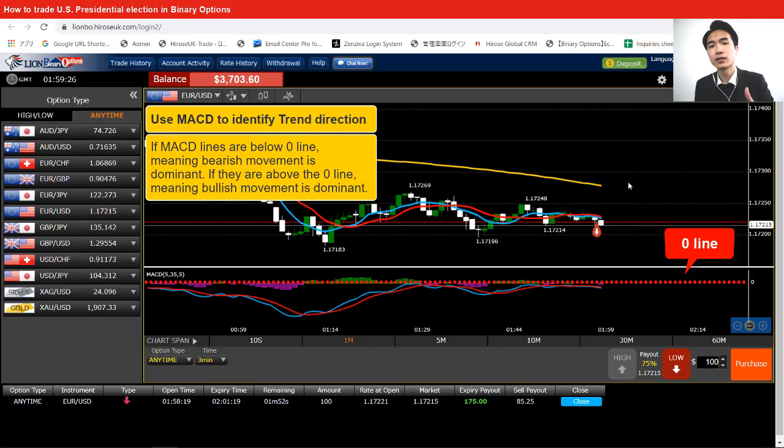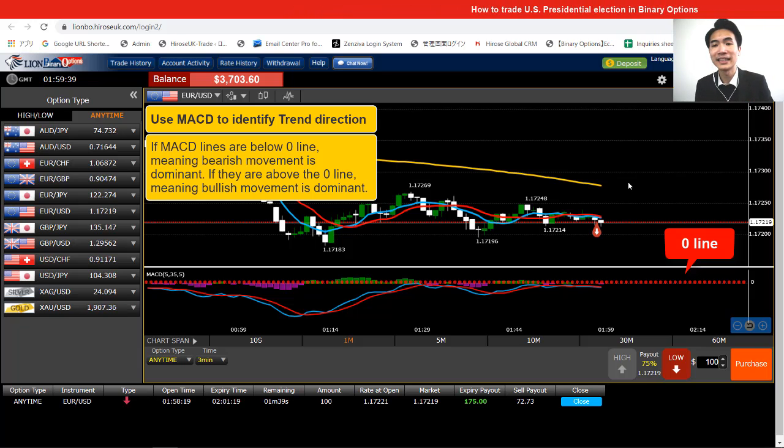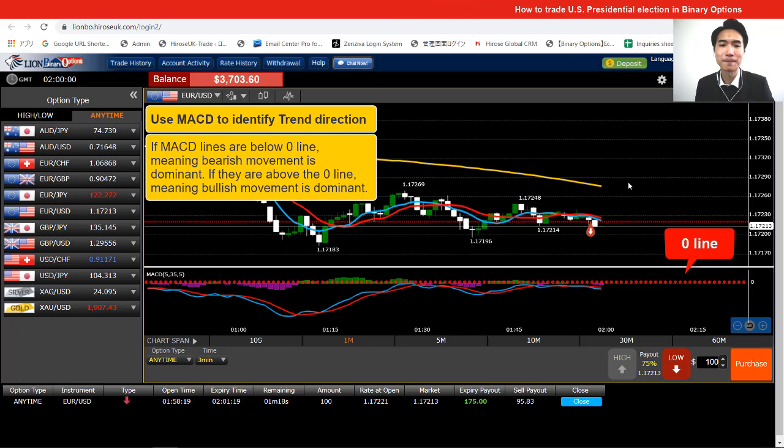If the two MACD lines are below the zero line, that indicates that the bearish price movement is dominating the market, so that is an indication of a downtrend. If we combine the information from the MACD with the yellow simple moving average, we can actually double check the trend direction, and that is another function of the MACD indicator.